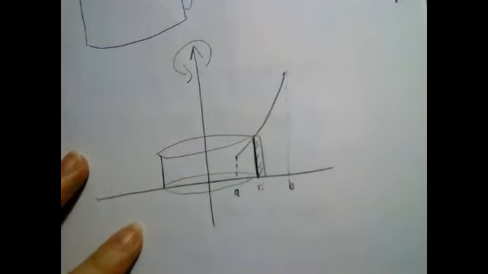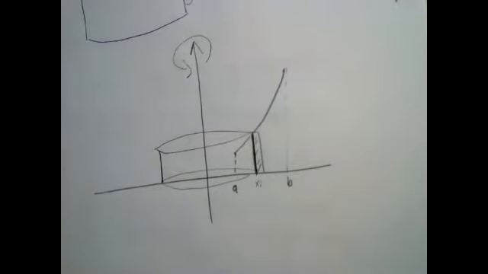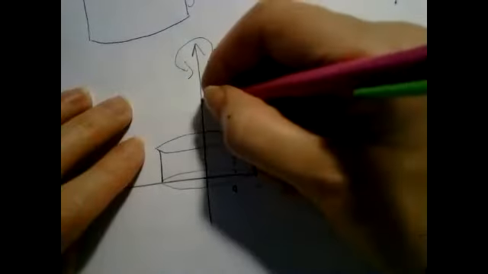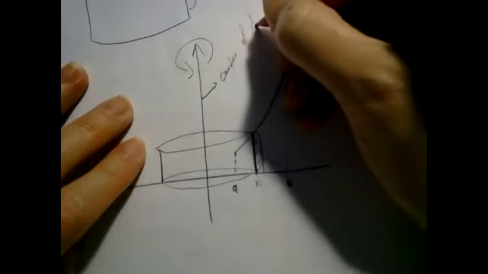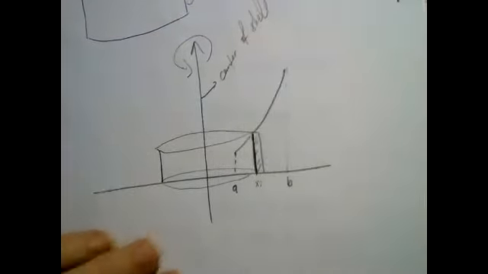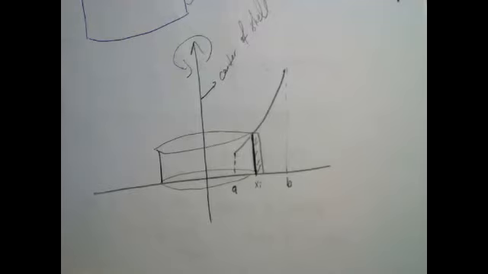All right? The radius from where to where? Remember, that's the center of the cylinder. Sorry, I meant the shell. Where is the radius in my picture? From where to where? Oh, it's a distance of xi, right?